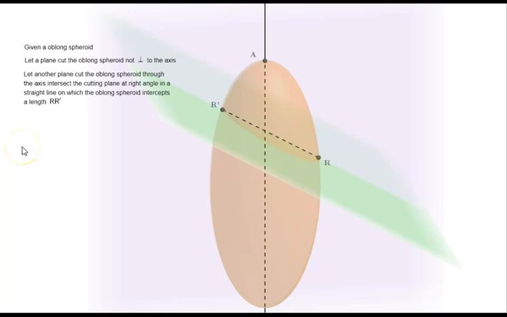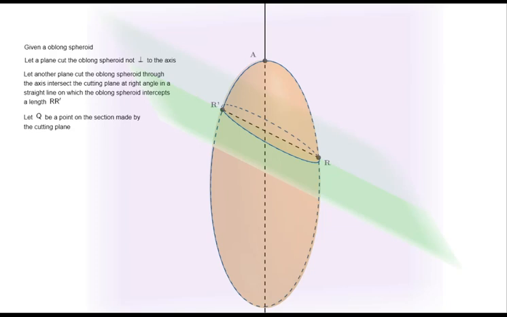Now what the proposition is saying is that this would be the major axis of the ellipse that is cut by the cutting plane. So just for reference, let's take this as one of the generators of the spheroid, and let this be the section of the spheroid cut by the cutting plane.